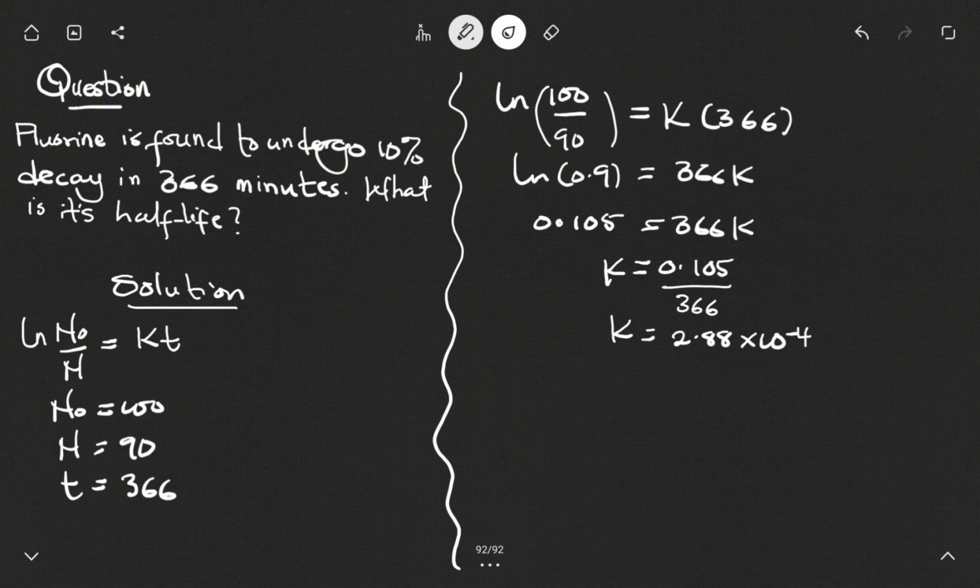So now that we know k, it will be easier for us to provide what the question is demanding for, which is half-life. Now we know that k is also expressed as 0.693 over t half, where t half is equal to half-life.